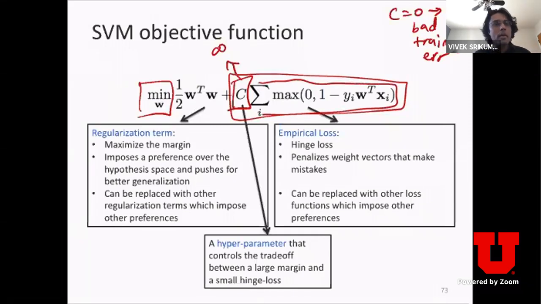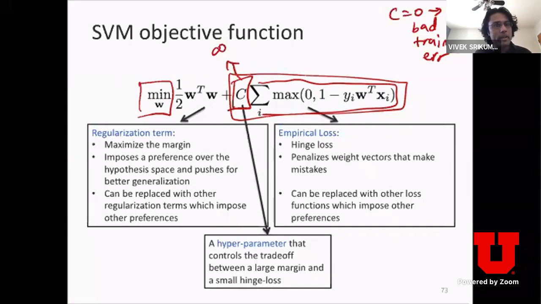If the hinge loss is somehow forced to be 0, then you get this indeterminate form 0 times infinity. There's at least hope that the optimization problem is meaningful. In other words, the only hope for solving this problem when C is infinity is if you force the hinge loss or the empirical loss to be 0.